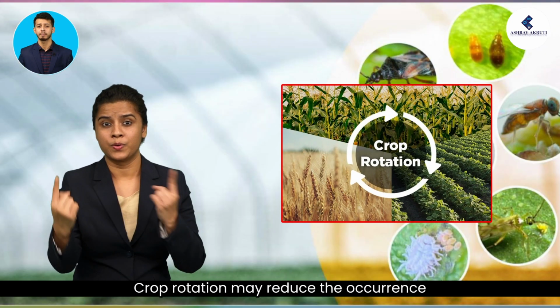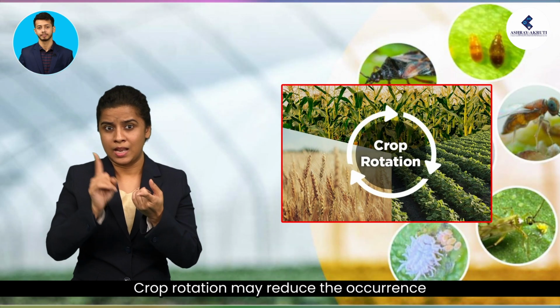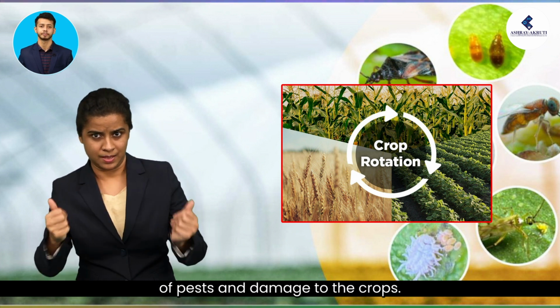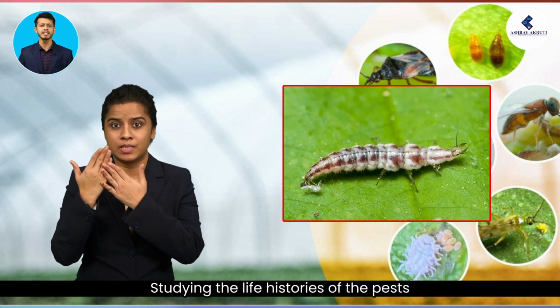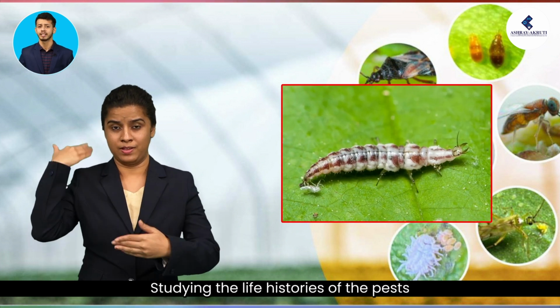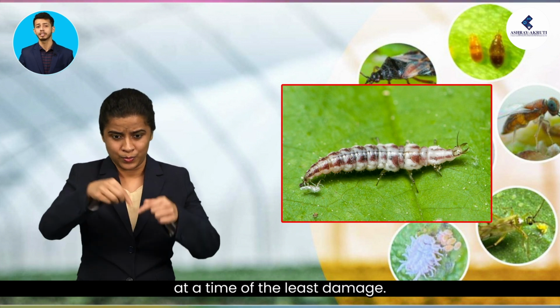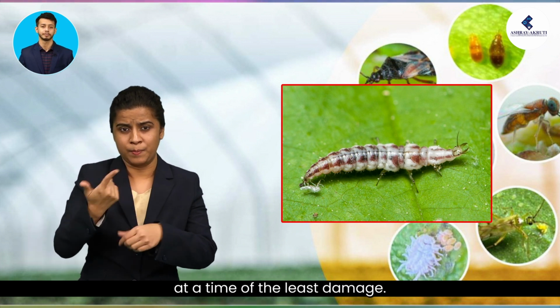Crop rotation may reduce the occurrence of pests and damage to the crops. By studying the life histories of the pests, it is sometimes possible to sow the crops at a time of the least damage.